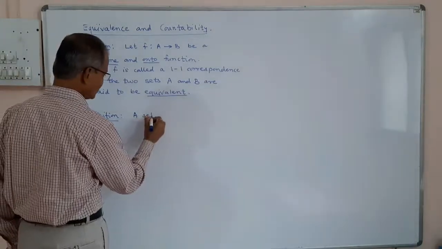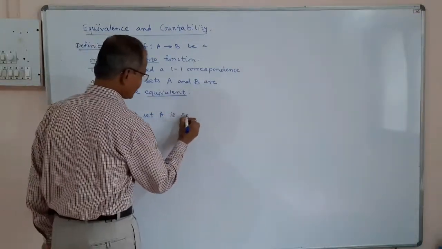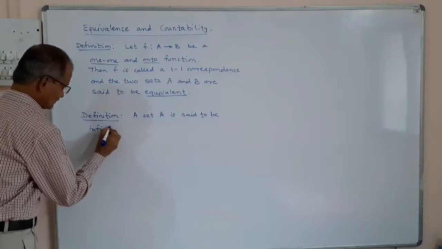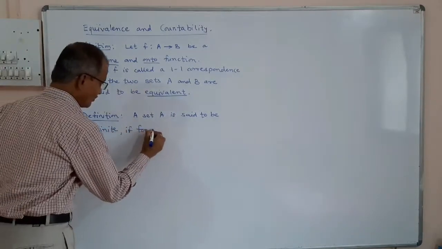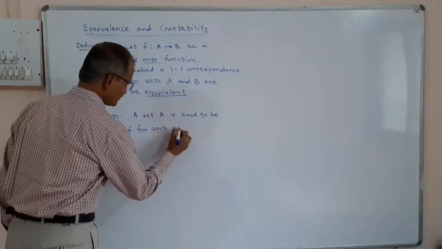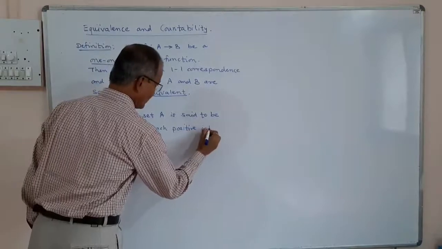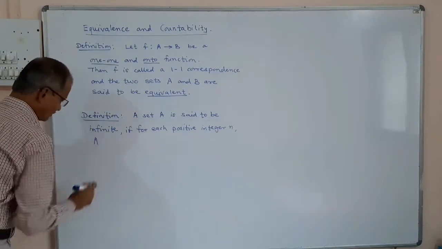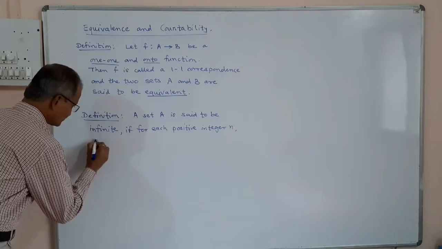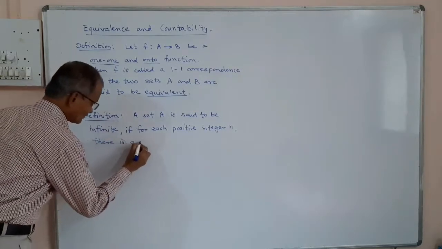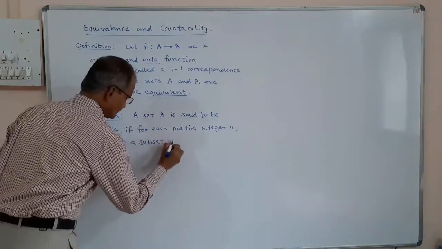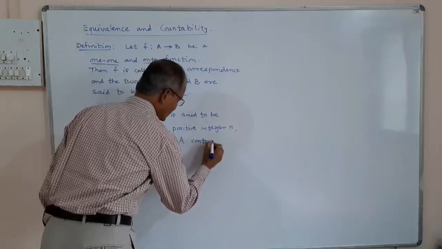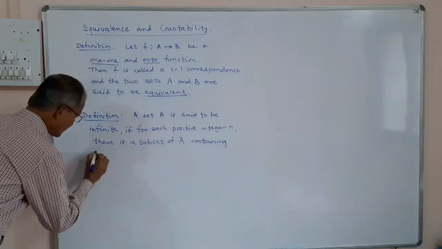A set A is said to be infinite if for each positive integer n there is a subset of A containing precisely n elements.